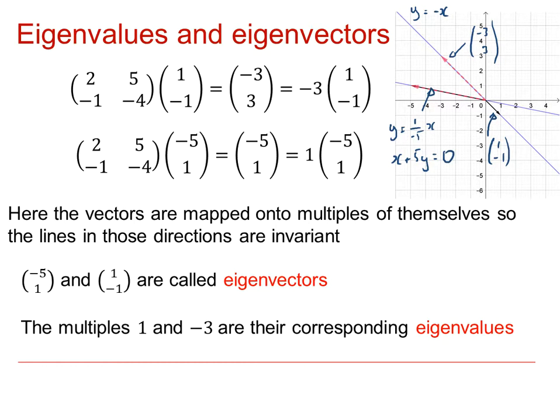The vectors that map onto scalar multiples of themselves, so (-5, 1) and (1, -1) in this case, are called eigenvectors, and the multiples eigenvalues.